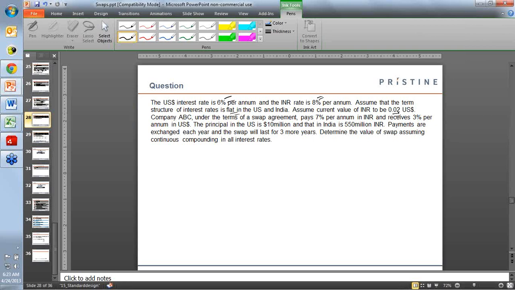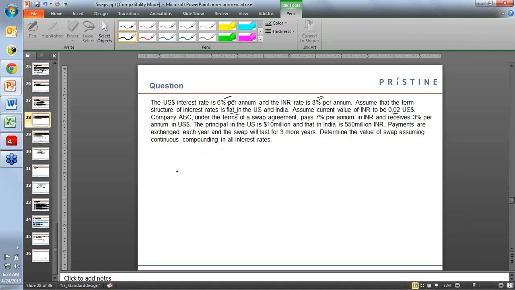So this is the spot exchange rate. Company ABC, under the terms of swap agreement, pays 7% per annum in Indian rupees and receives 3% per annum in US dollars. So the principal in US dollars is 10 million, and that in Indian rupees is 550 million rupees. Payments are exchanged every year, and swap will last for 3 years. So determine the value of swap assuming continuous compounding.